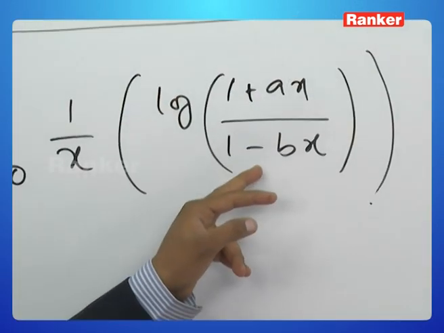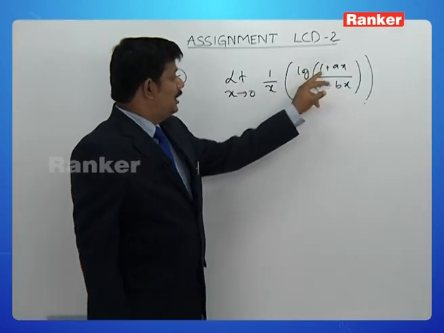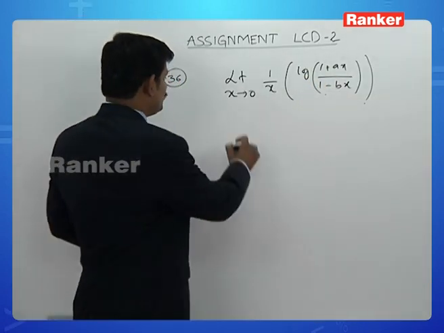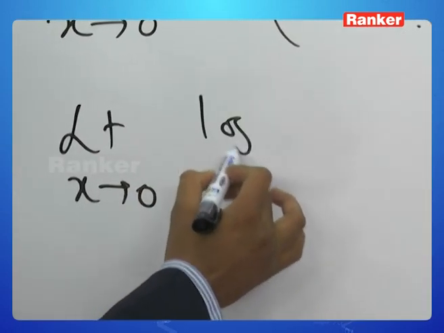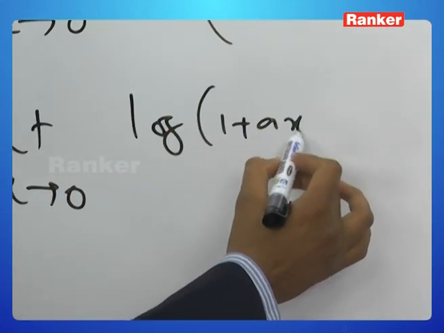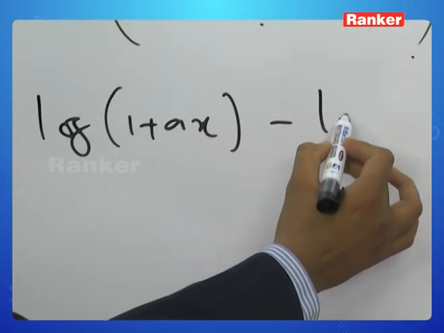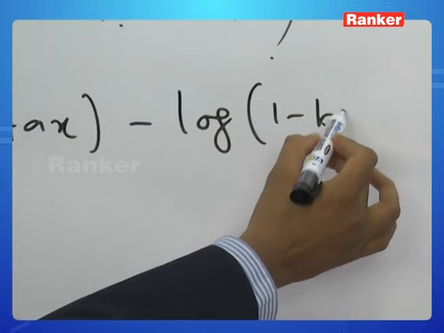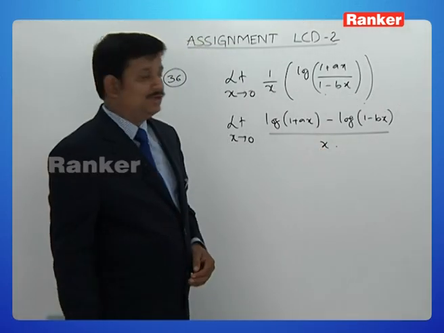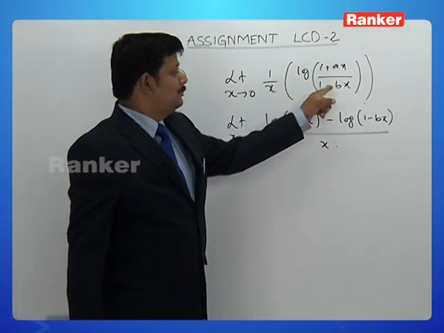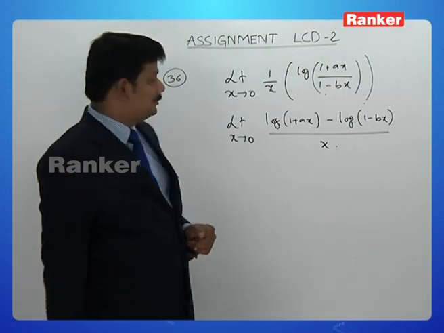Log of a by b, we can see it as log a minus log b. So, this question can be written as limit x tending to 0 of log of 1 plus ax minus log of 1 minus bx, divided by x. We are using the property of logarithm, log a by b is log a minus log b.